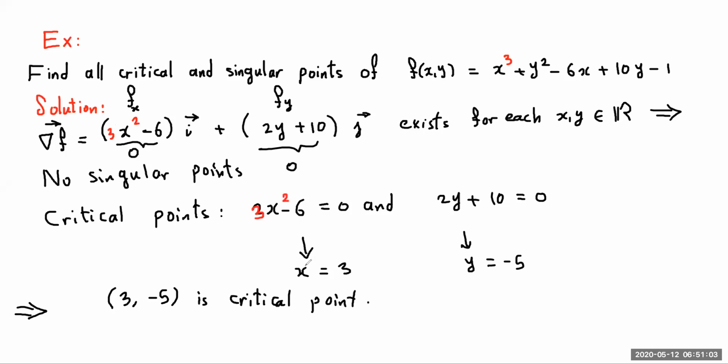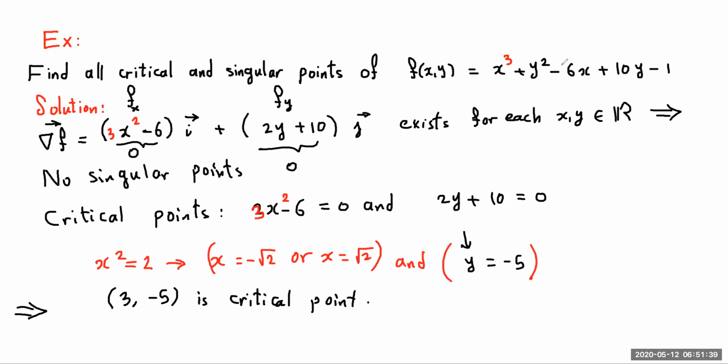So what is the solution of this equation? I have x² equal 2. So I have two solutions. So here I will have two solutions: x equal minus root 2 or x equal root 2. So I will take this statement, x equal minus root 2 or x equal root 2, and the other statement.